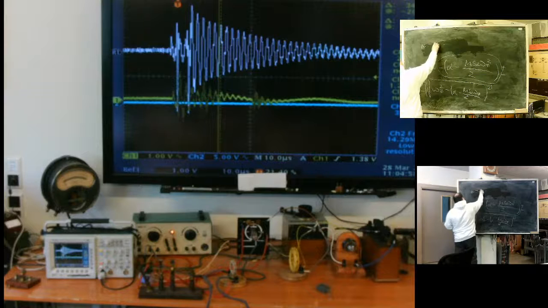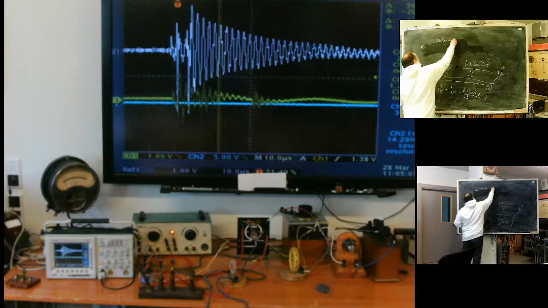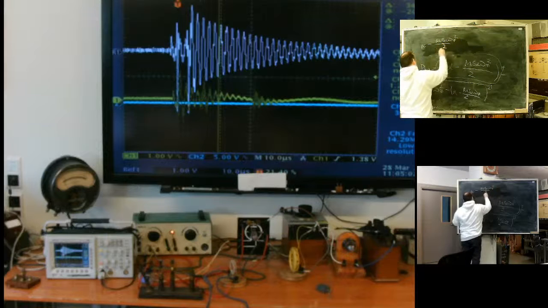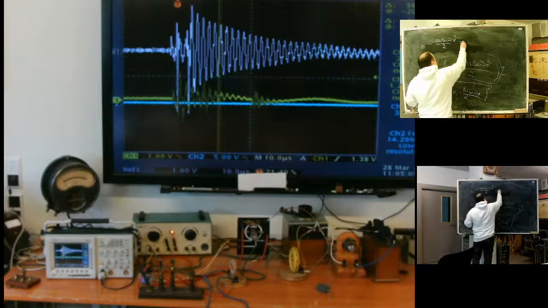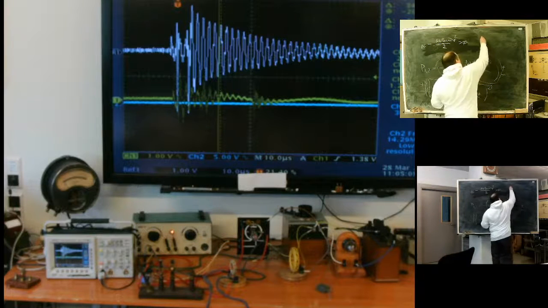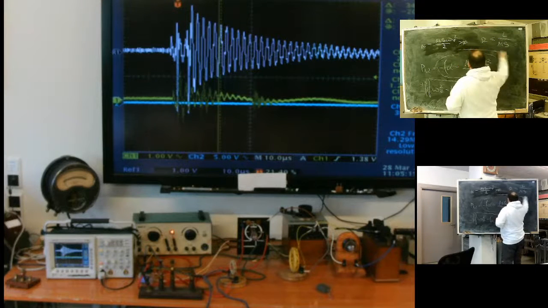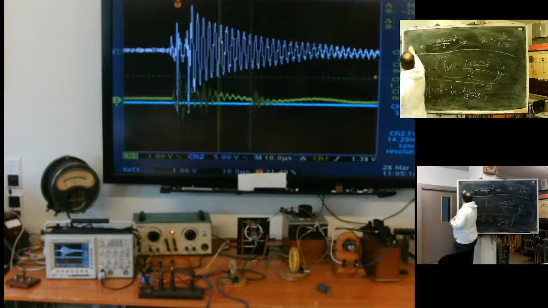Until alpha minus m omega 0 squared is greater than 0, or resistance is smaller, the system will remain stable.